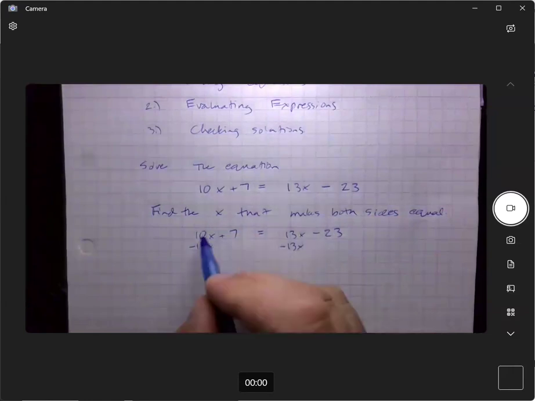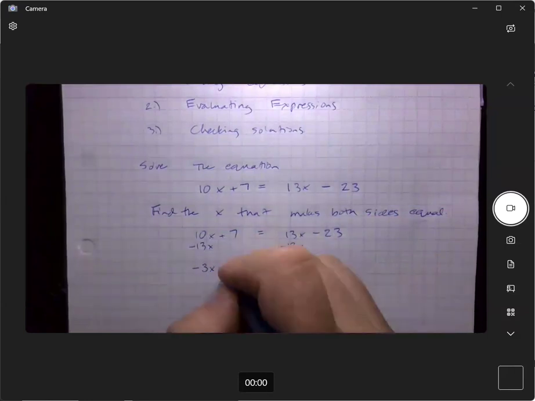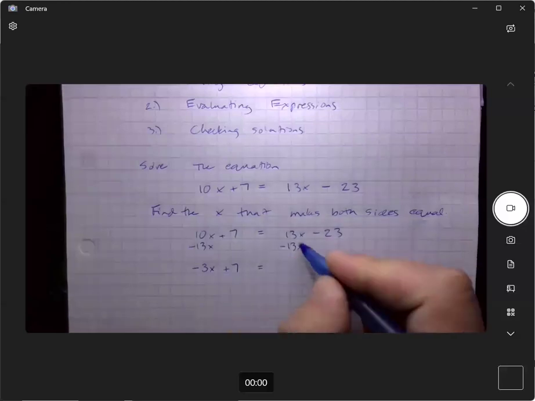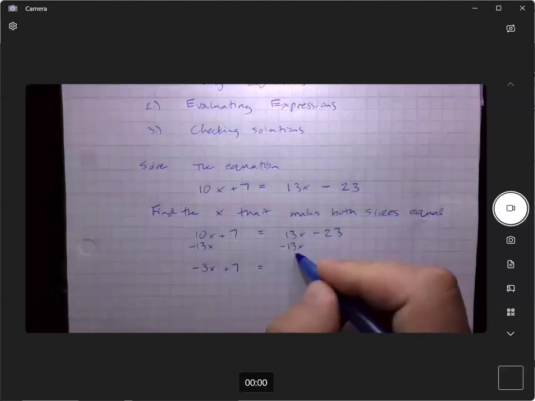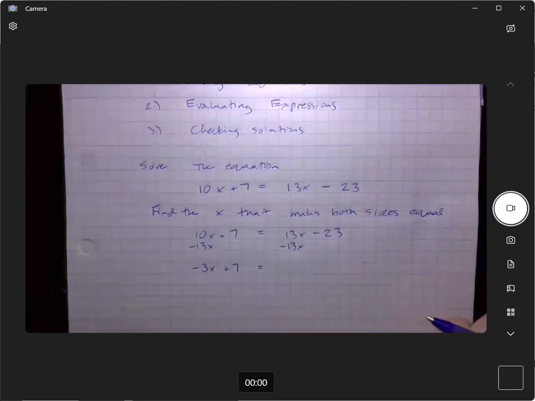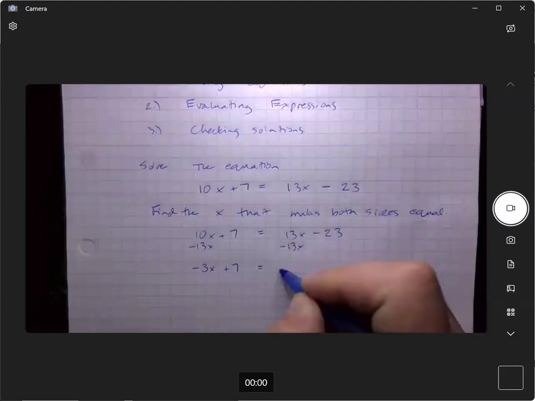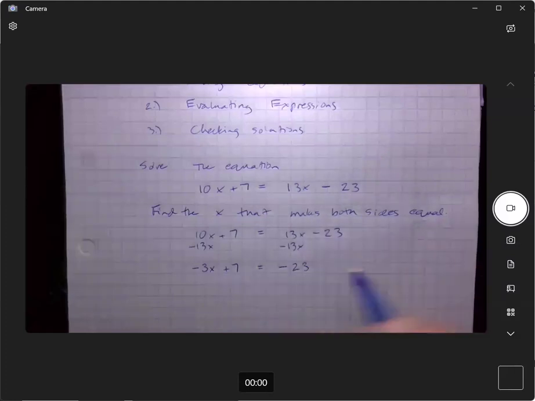And then you do that arithmetic, 10x minus 13x would give me negative 3x's. I still have this plus 7 because nothing happened to it. 13x minus 13x is 0x, so that goes away completely. And I still have that minus 23 because nothing happened to that minus 23. And I kind of bring it into the left just to take up that empty space.